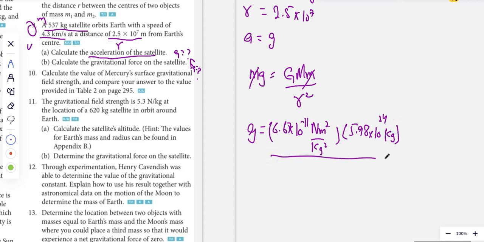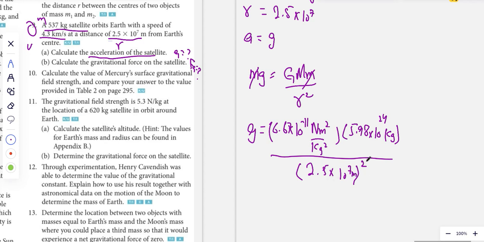Then we divide it by r square, where r is 2.5 times 10 raised to 7, and the value of r is in meter.